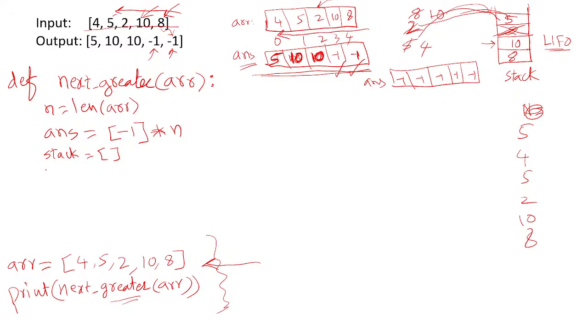How do we traverse in Python? In Python we traverse like this: for i in range, from the last index up to 0. How do we get the last index here? n minus 1 is the last index.